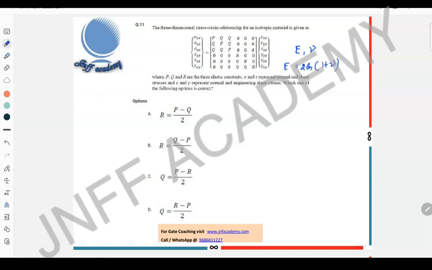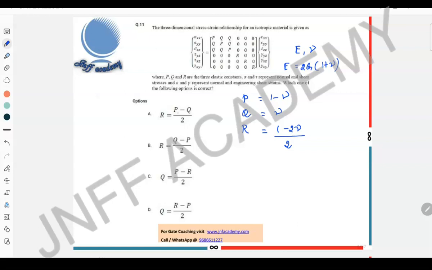So if you look at this three-dimensional isotropic stress strain relationship, instead of P we will substitute 1 minus nu, for Q, nu, for R, 1 minus 2 nu by 2. You should know this three-dimensional Hooke's law for isotropic material, then only we can write this.